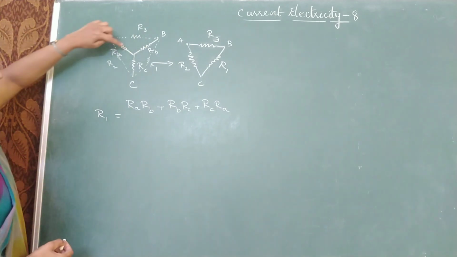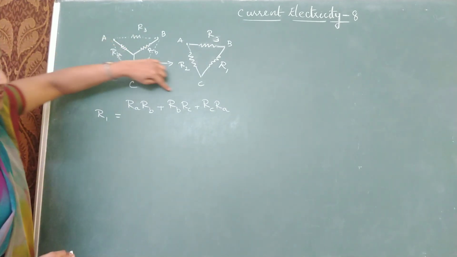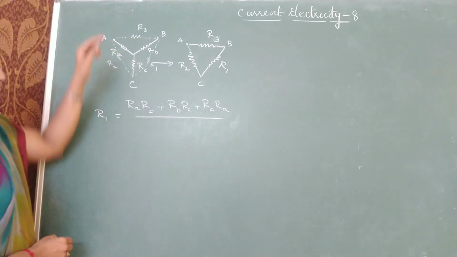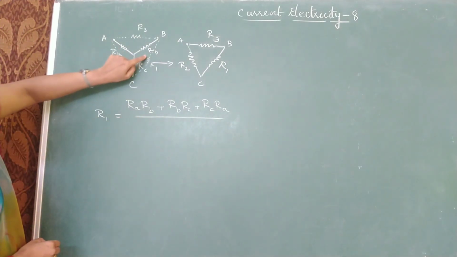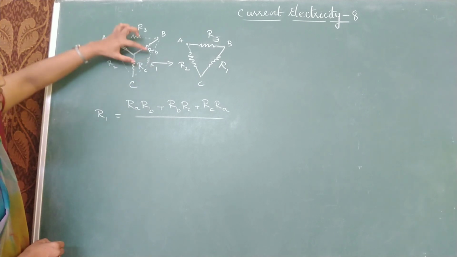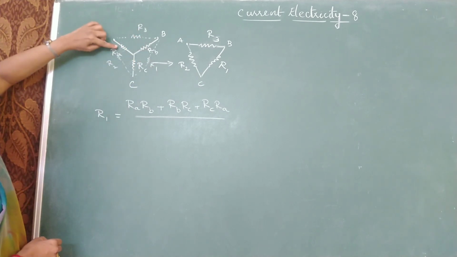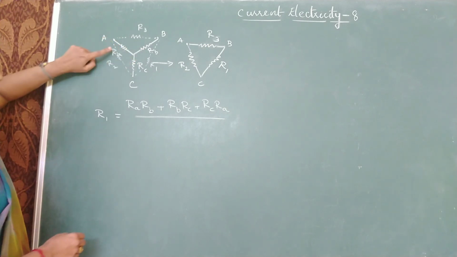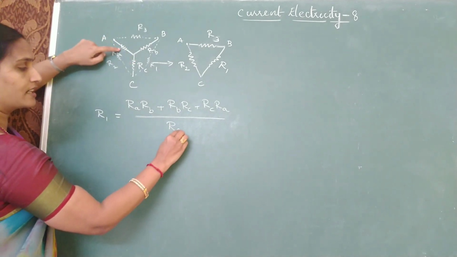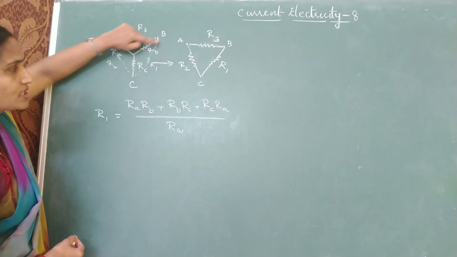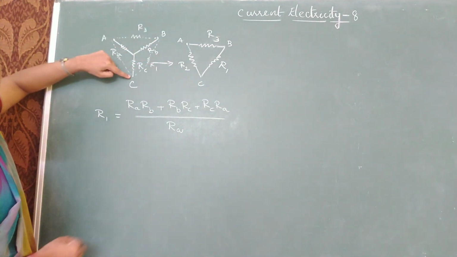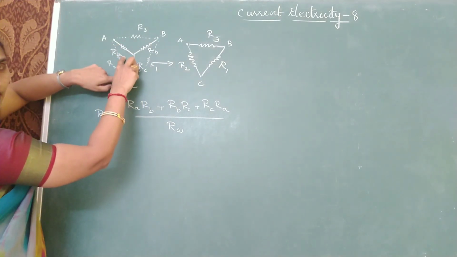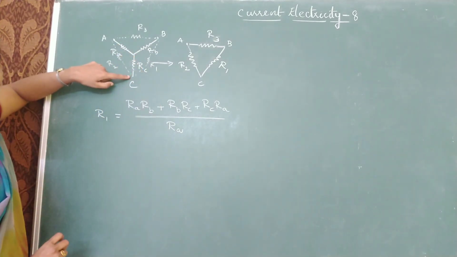You know what RA, RB and RC are. Take the sum of their products, whole divided by RA. R1 is connected between B and C, so in the denominator you get the resistor which is not connecting B and C terminals. That is RA.